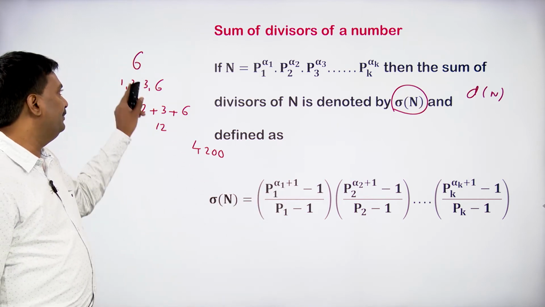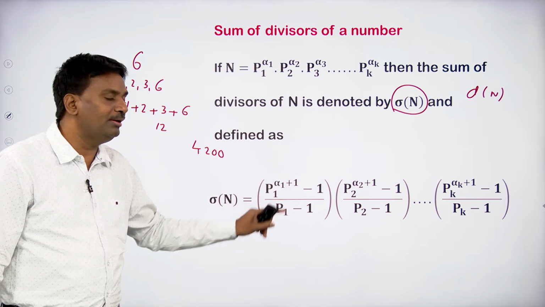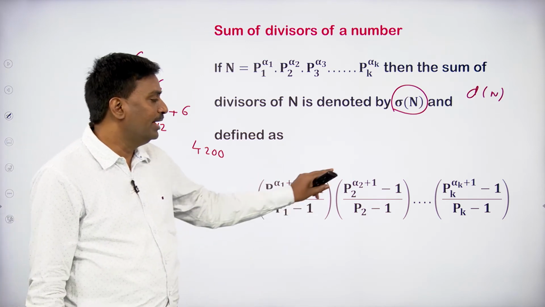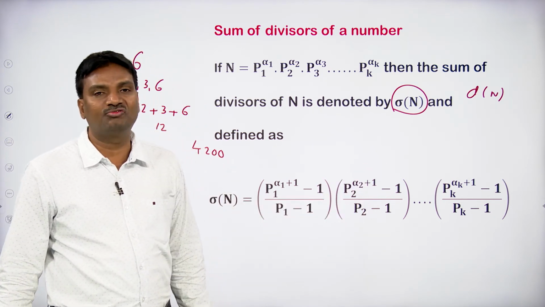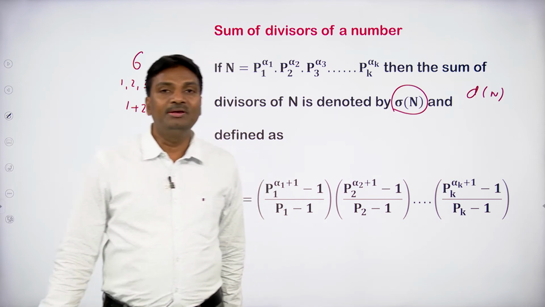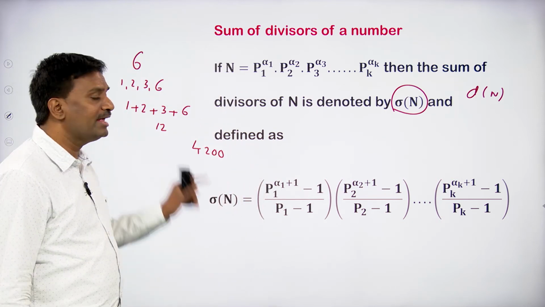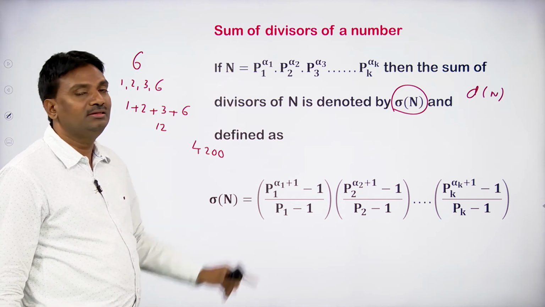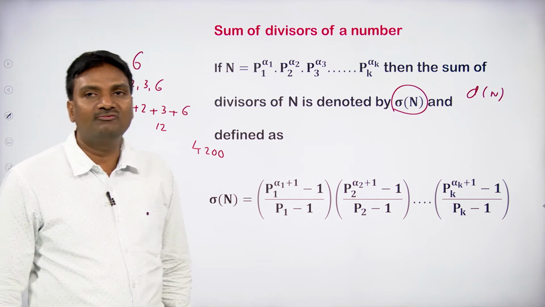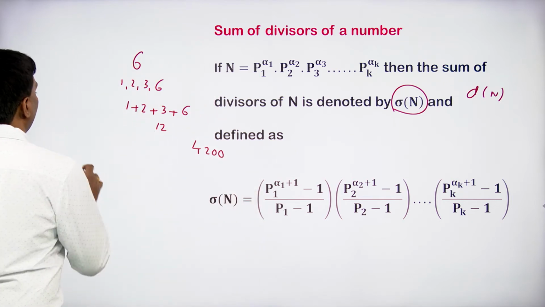So sigma n, where n means 6. The formula is (p1 power alpha 1 plus 1 minus 1) by (p1 minus 1) into (p2 power alpha 2 plus 1 minus 1) by (p2 minus 1) into so on (pk power alpha k plus 1 minus 1) by (pk minus 1). So first let us express the given number 6 in the form p1 power alpha 1 into p2 power alpha 2 into so on pk power alpha k.